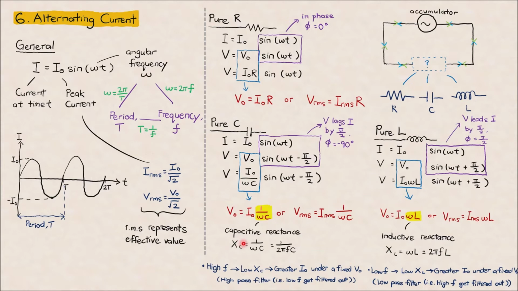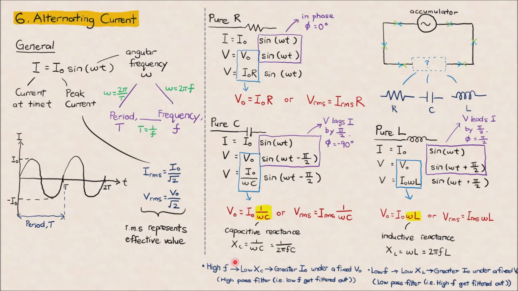So you expect this capacitor and this inductor will behave in opposite ways. So what do I mean by opposite? If you remember from the pure capacitor circuit, higher frequency means lower reactance, which means more current can pass through. Higher frequency generates greater current. Lower frequency generates lower current.